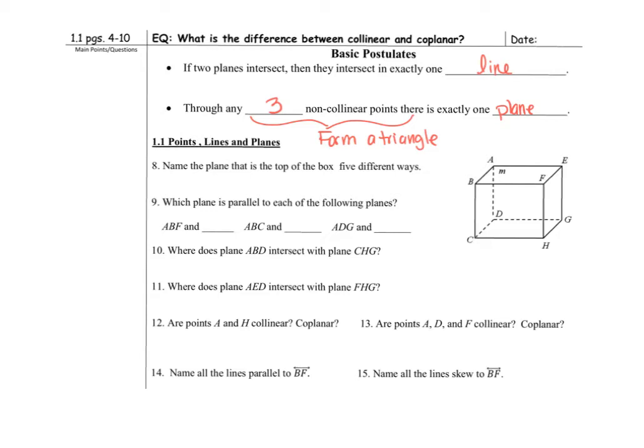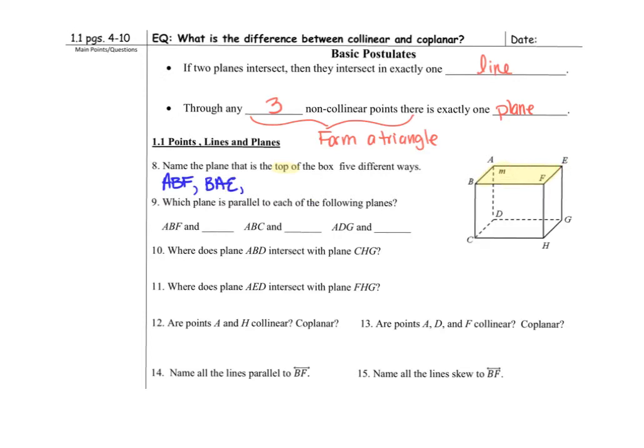Let's look at number 8. We're going to name the plane that is the top of the box, but 5 different ways. Let's look at the top. The top of the box is right here. All we need are 3 points to name that plane. I can use points A, B, F as one of them. I can use B, A, E as another one.